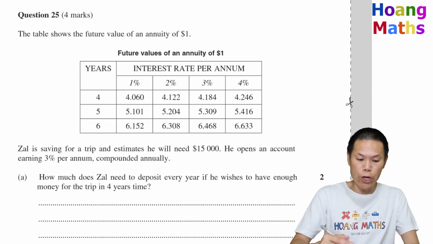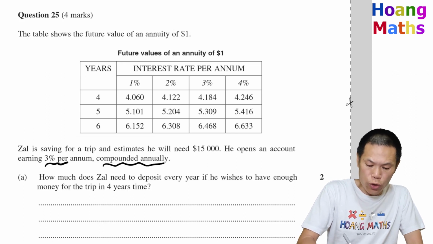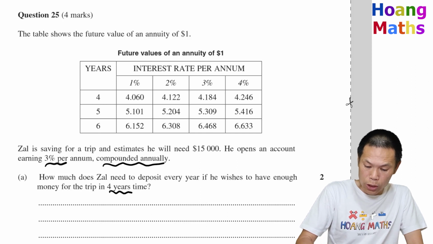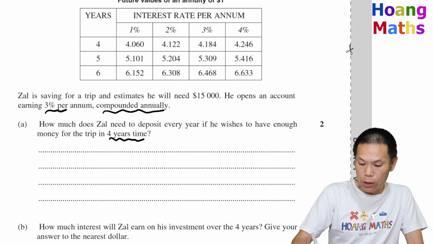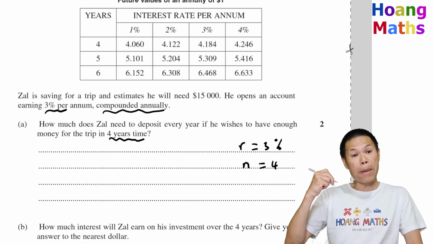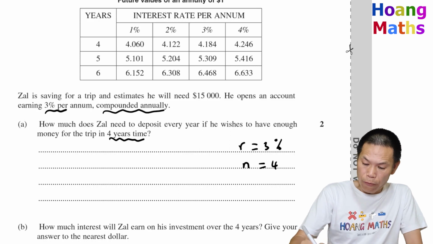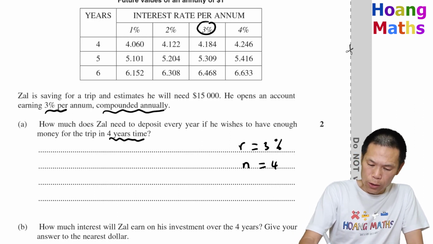So first of all, we know that it's compounded annually at 3% per year, and then n is 4 years' time. So let me make a note on this. R is still 3%, and n is 4 because it's compounded annually. So for 3% and n is 4, we look at this one here.